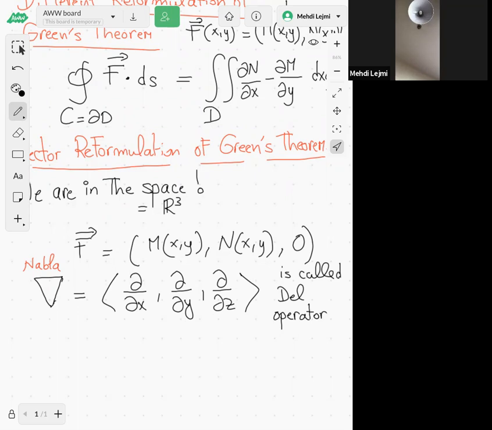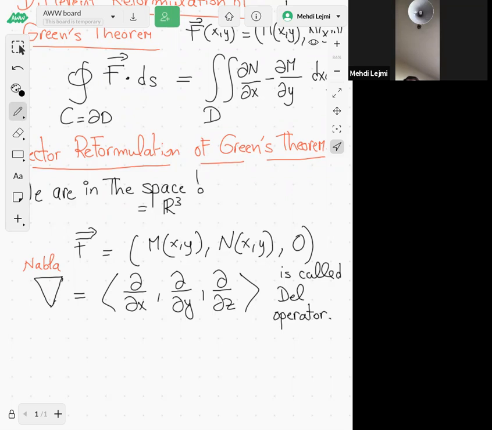You can see this nabla as a vector field. It has three components, so it's a vector field.